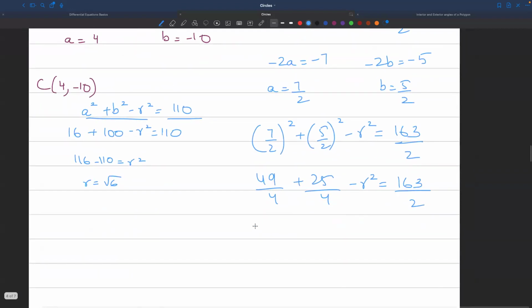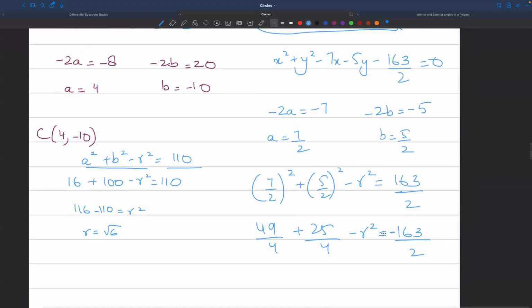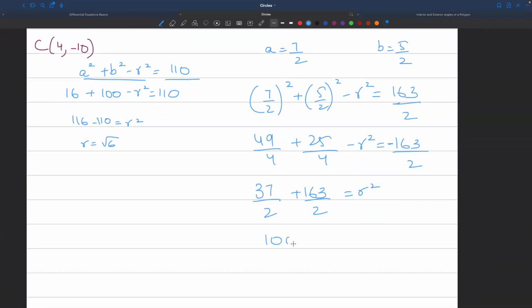Oh, this is minus 163. Yeah, okay, got it. So this will become 37 upon 2 plus 163 upon 2 equals r squared. 200 upon 2 is 100 equals r squared. r equals 10.